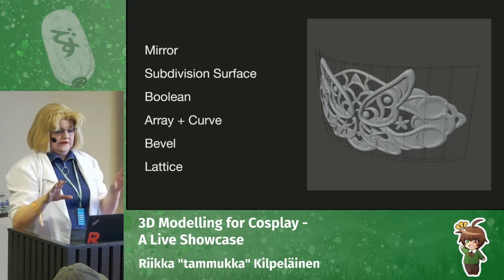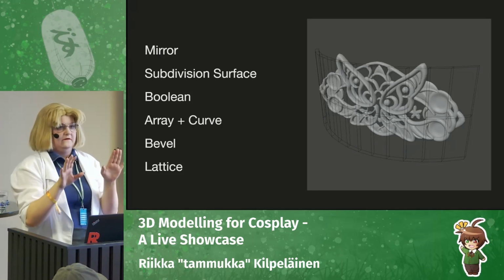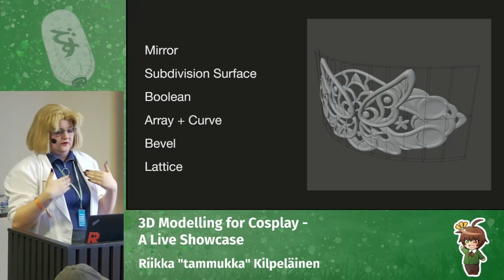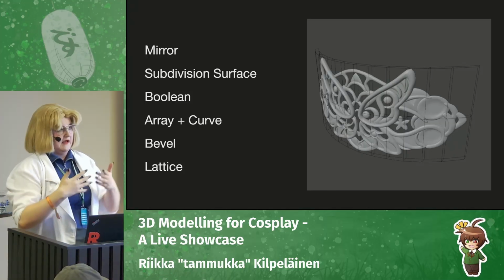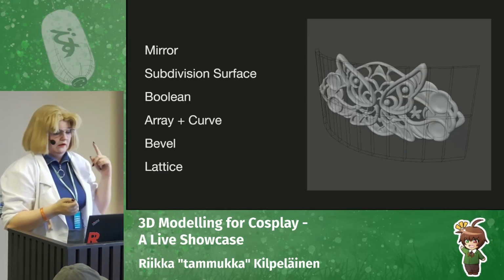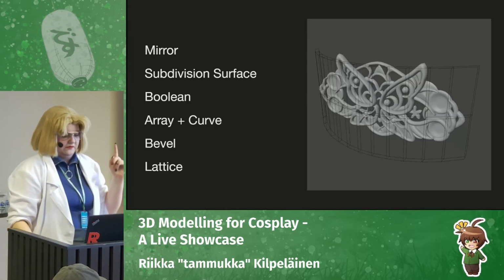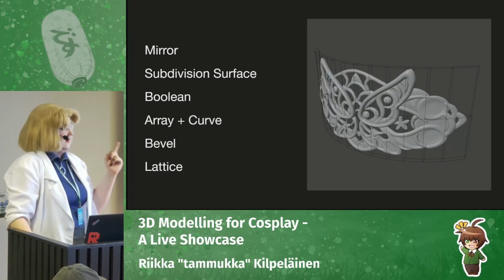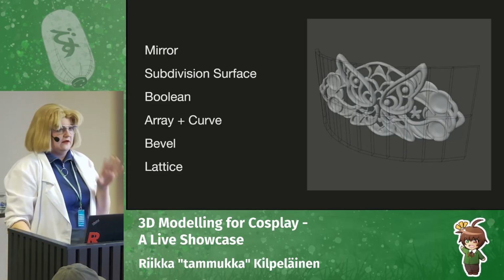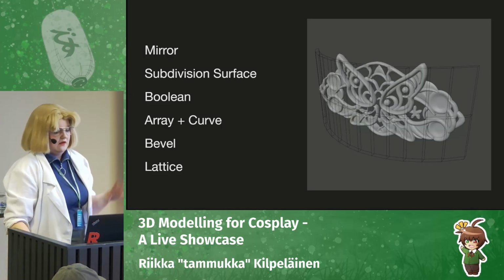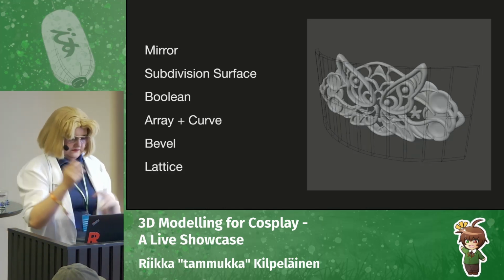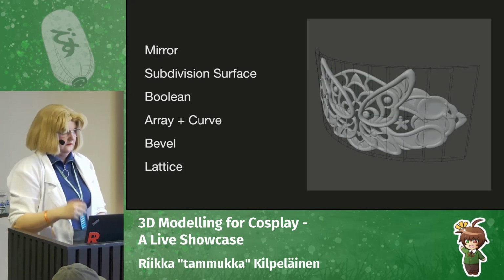So I can build this model flat, and I don't have to keep track of all these intricate details as I'm modeling it in a weird curve. This will introduce some distortion to the model, so you should be aware of that. Depending on the scale of your model, it might not be super noticeable. Here I tried to fudge the distortion a little bit by hand, but be aware that it does add some distortion.